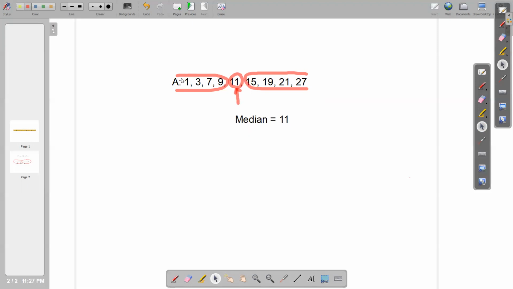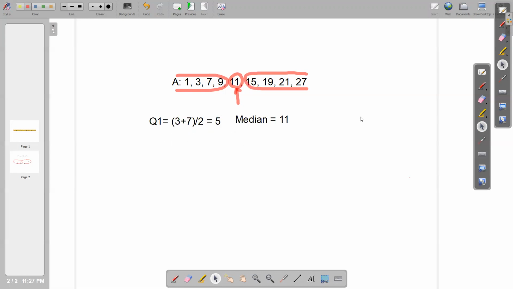Then for the first half data, we have 4 numbers, right? The median will be the middle of 3 and 7, right? So the median of the first half is Q1. That'll be the average of 3 and 7, so that'll be 5.